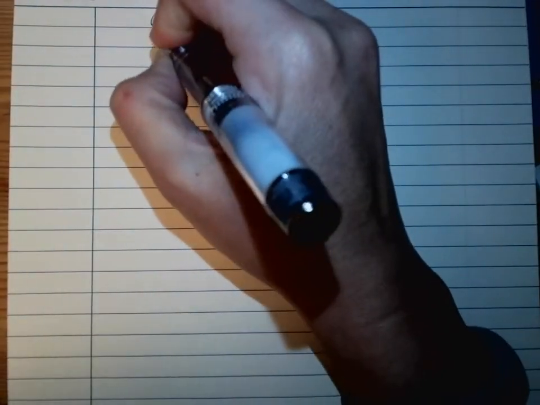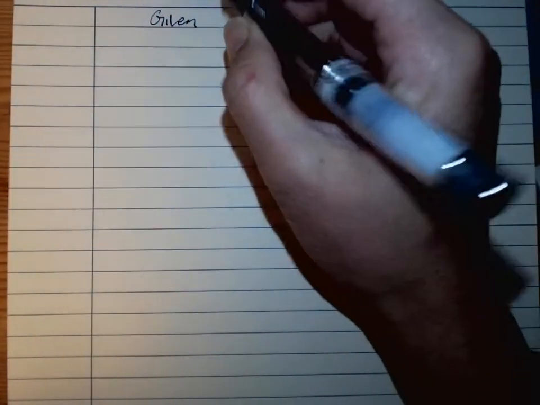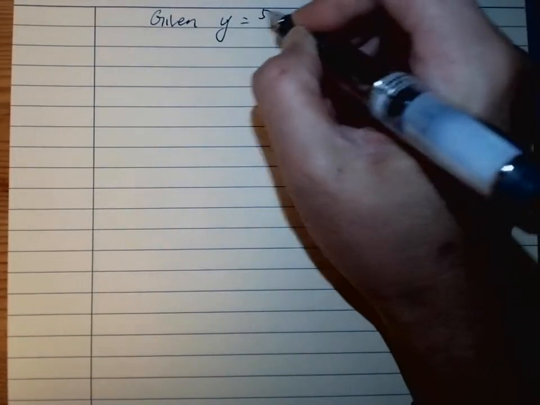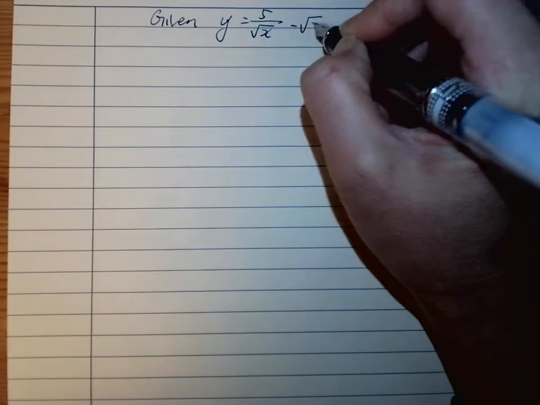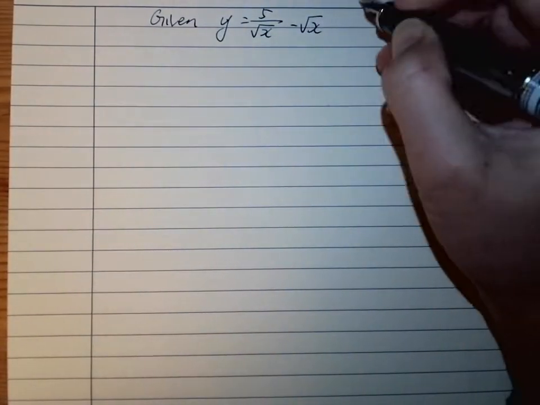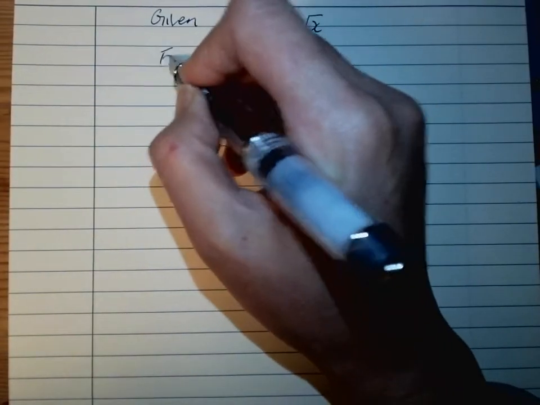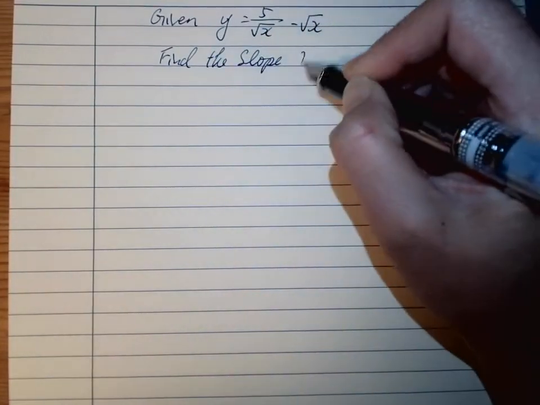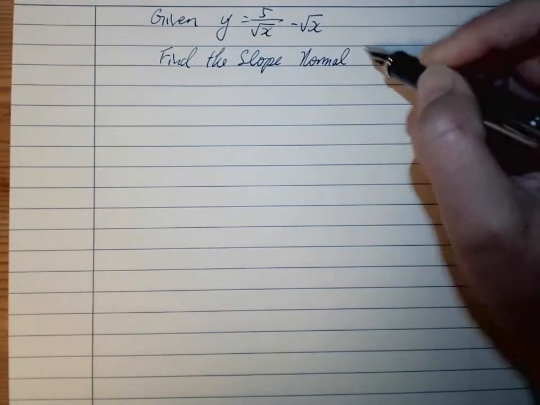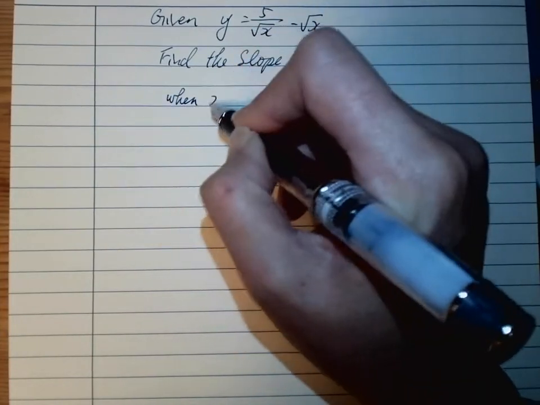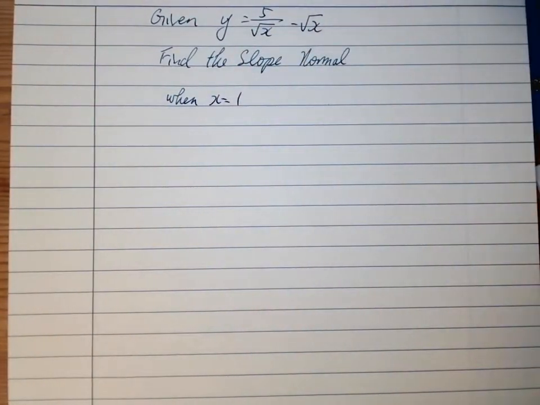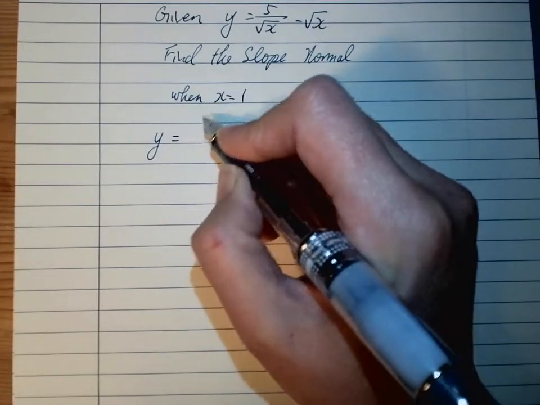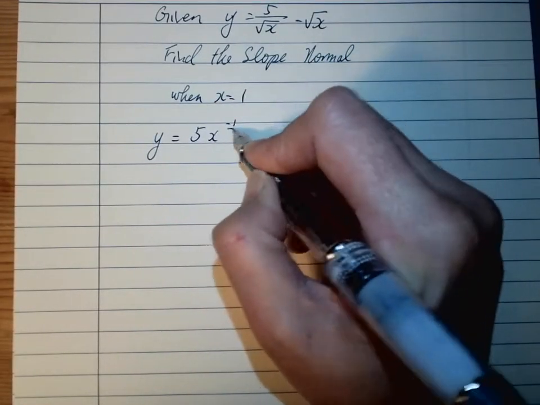So given y equals 5 over root x minus root x. This should be better. Find the equation of the normal when x equals 1. Yep, that should work. So now I change the look to whatever I like first.